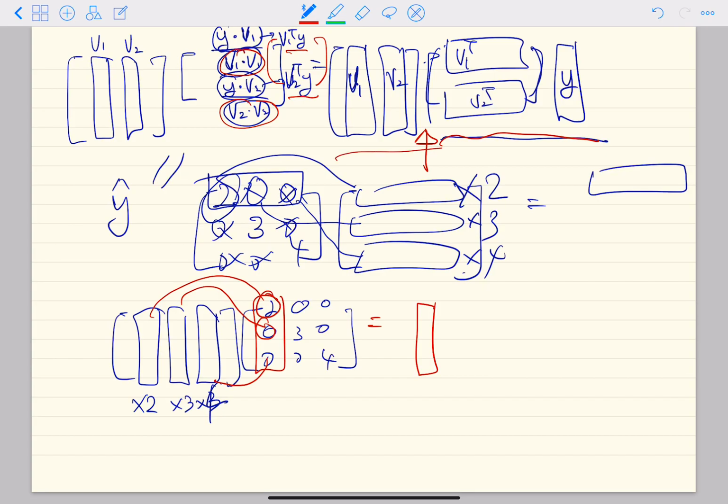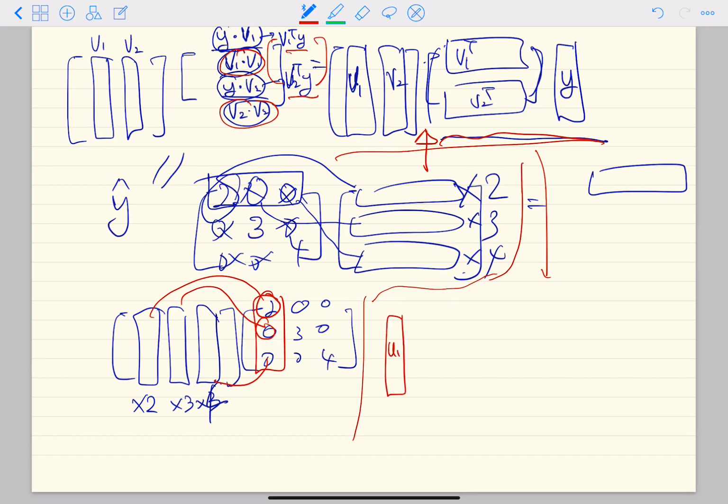And so this guy is V1 and V2, and then over here we need a 2 by 2 diagonal matrix, and over here V1 transpose V1 and V2 transpose V2 and 0 0, right?